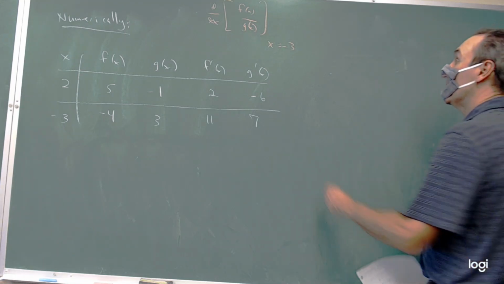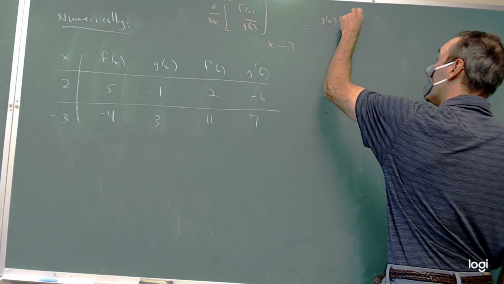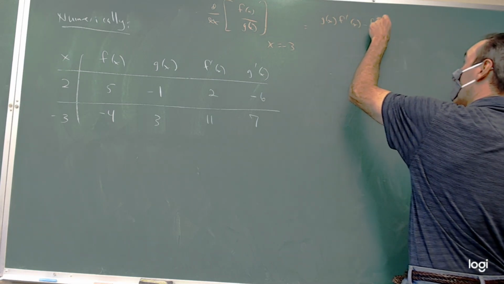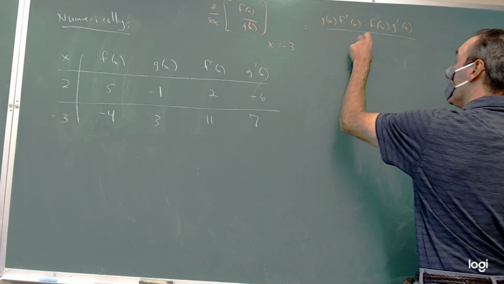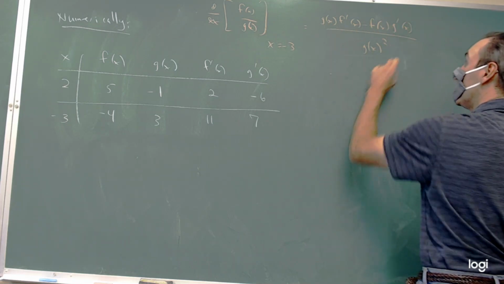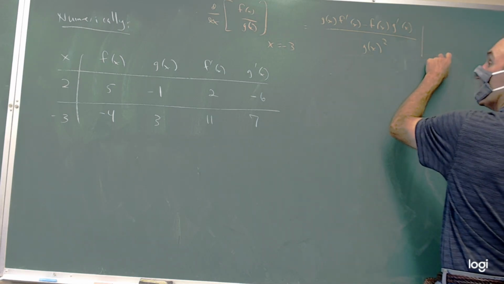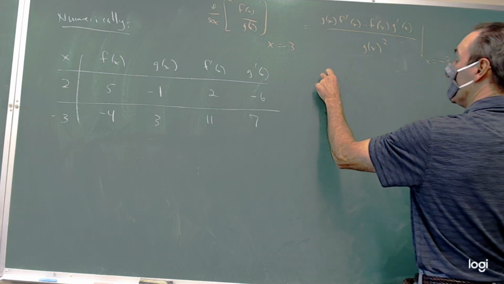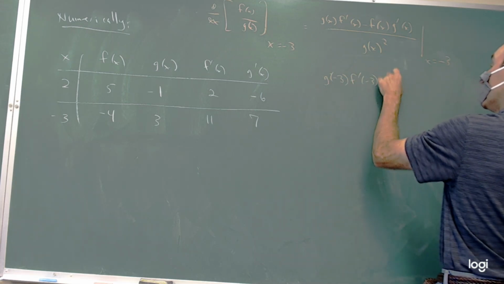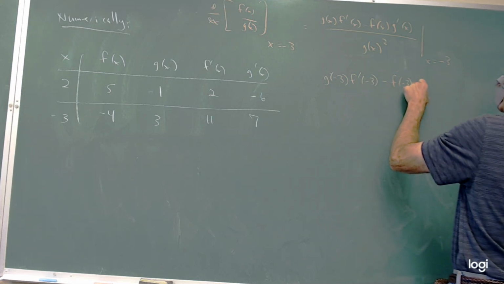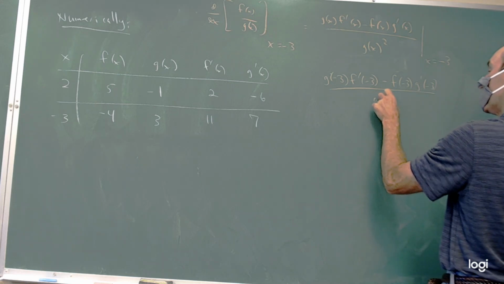So we're going to get the denominator times the derivative of the numerator minus the numerator times the derivative of the denominator, all over the denominator squared. Evaluating these all at x equals -3: g of -3 times f prime of -3 minus f of -3 times g prime of -3, all over g of -3 squared.